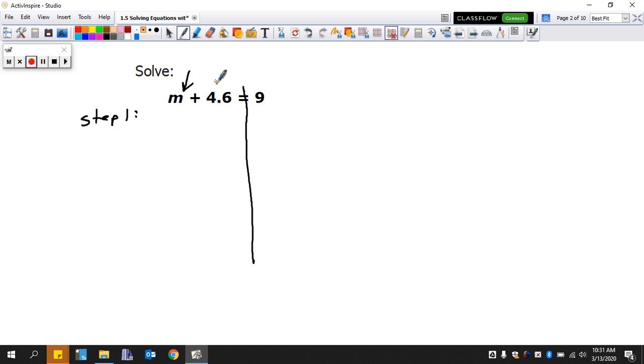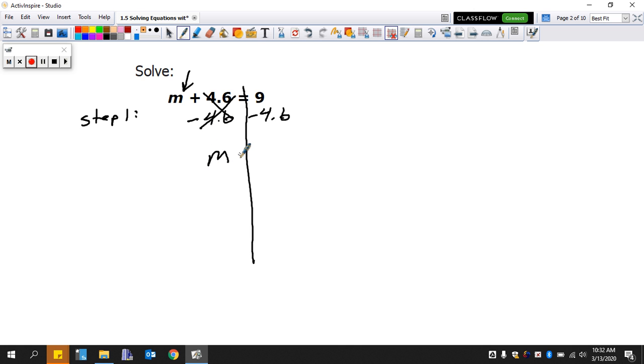That means we need to use the inverse operation of addition to get rid of the 4.6 over here, and we're going to do the same thing over here. So we're going to say minus 4.6, minus 4.6. Okay, so 4.6 minus 4.6 is 0, so that just cancels out.